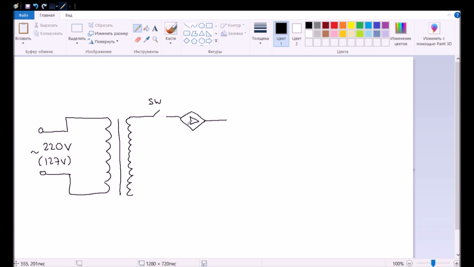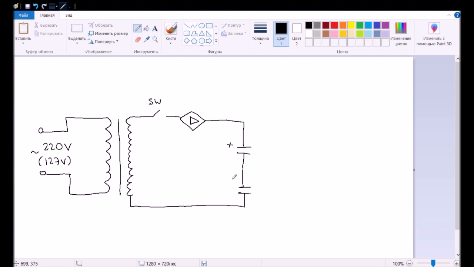The bridge will be connected in another way; I will not write it down here. The switch may be placed here and here, and then we place in series our capacitors, 2 or 3 or whichever we get.